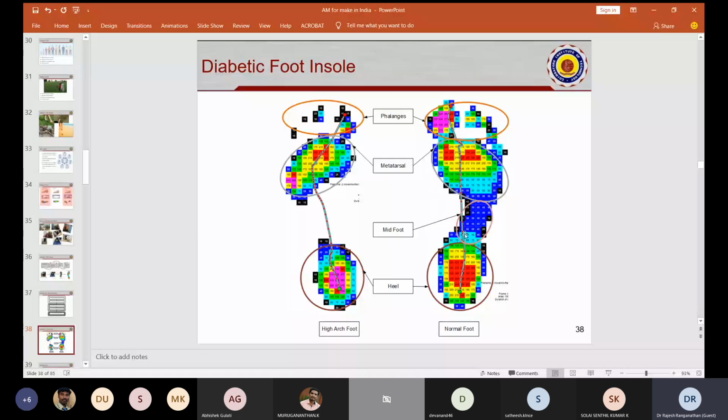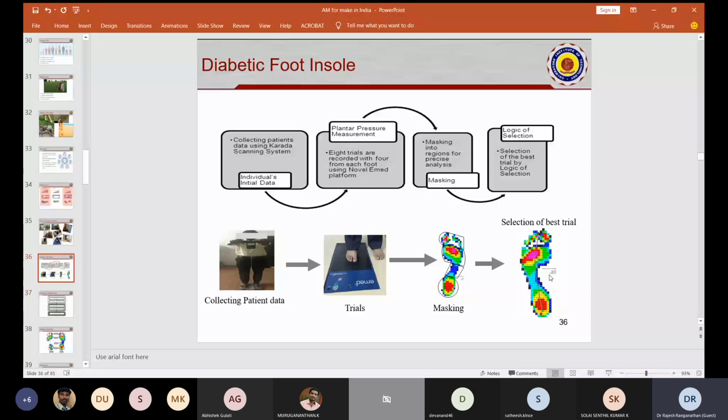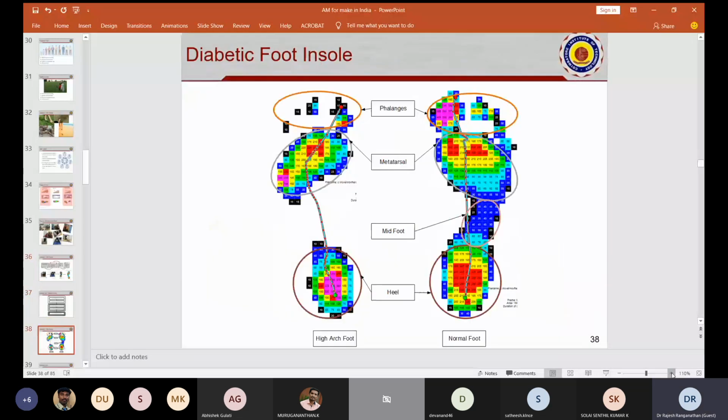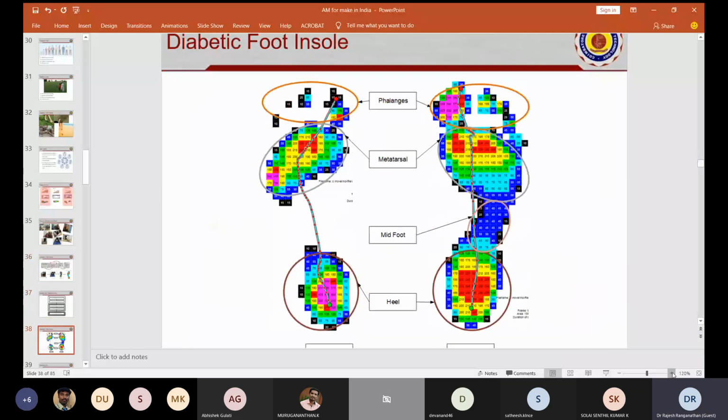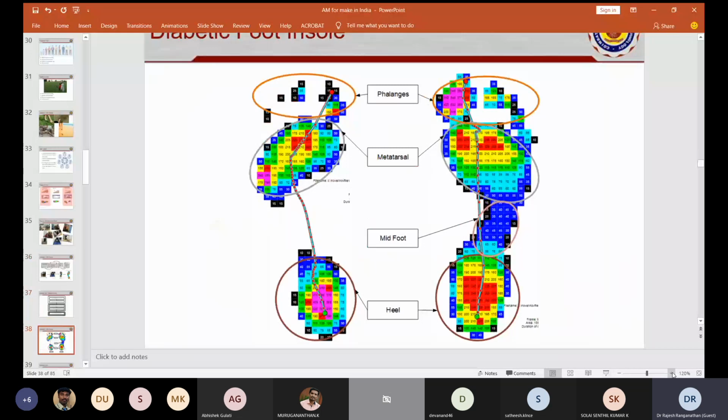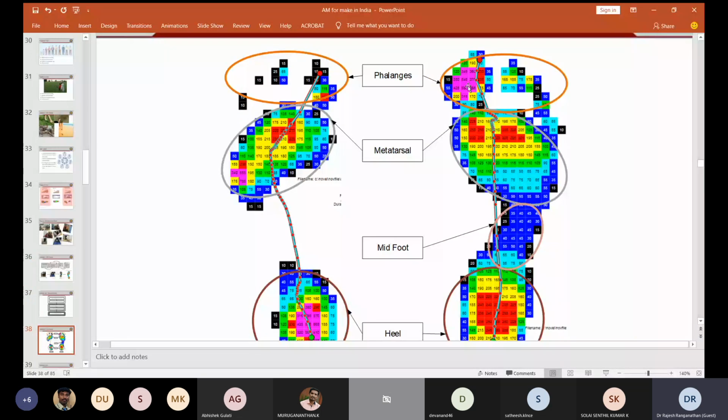If we look at the pressure data and zoom in, you can see that there are some regions where the highest peak pressure was 545 kilopascals, and there are some regions of the foot which took only about 10 kilopascals. So there is a major difference happening here.